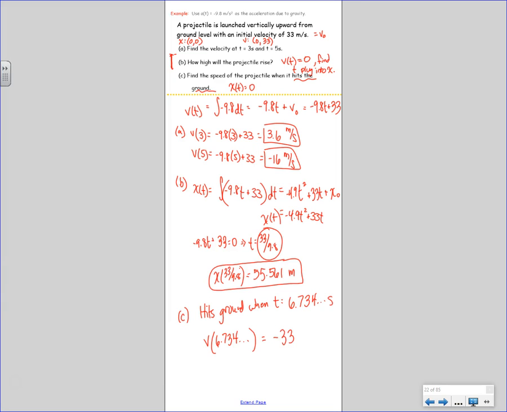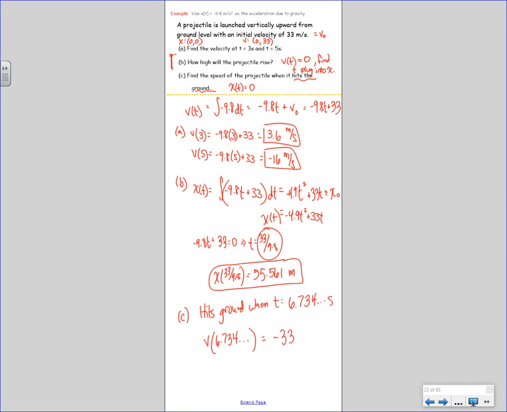Velocity is negative 33. So kiddos, does your speedometer show positives and negatives? No, we don't. Ooh, well, if your speedometer doesn't show positives and negatives, guess what? Speed disregards direction. It's the absolute value of velocity. So think your speedometer, always positive.